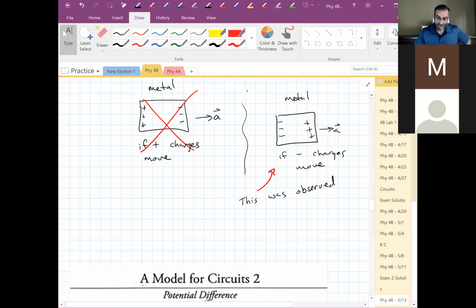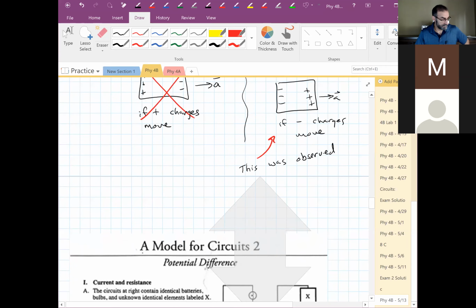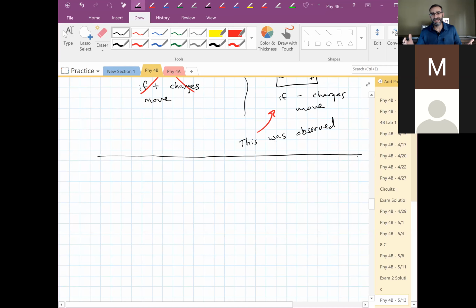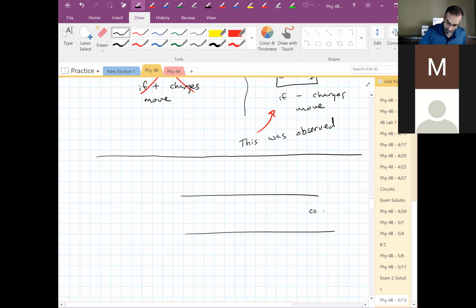All right, so what happens when we... Most textbooks have a long derivation of current. I don't think it's necessary, as long as you understand conceptually what's happening. So if we have a wire here, we've got electrons that are free to move.